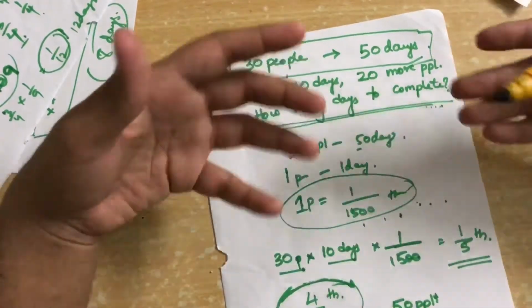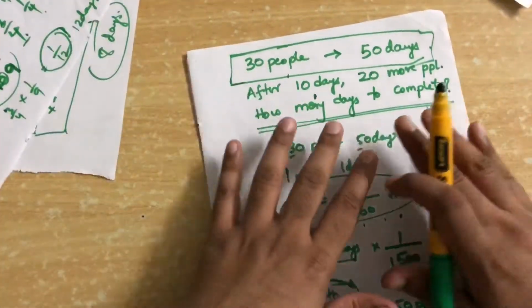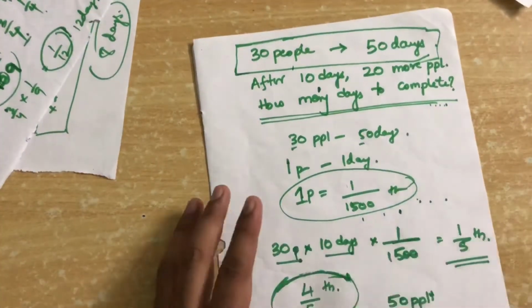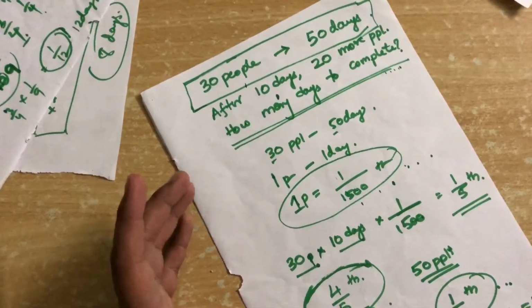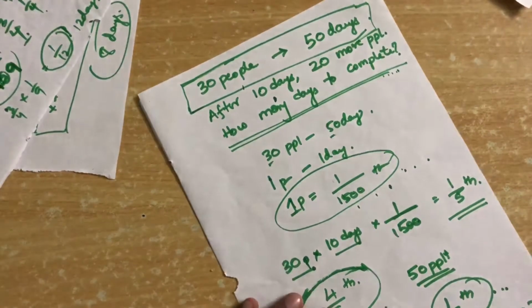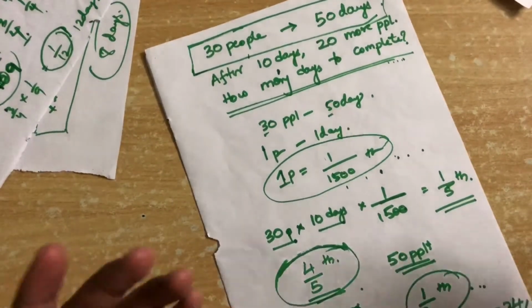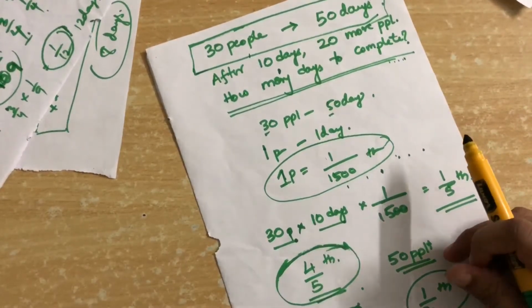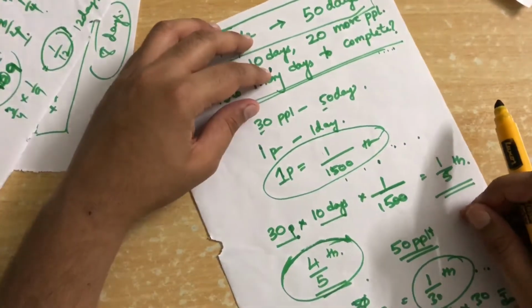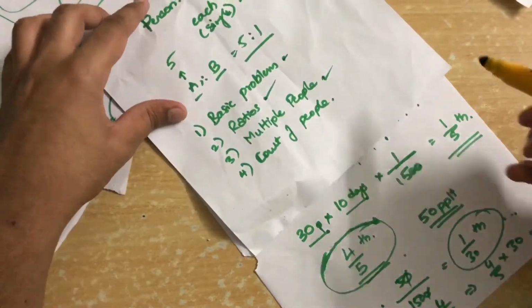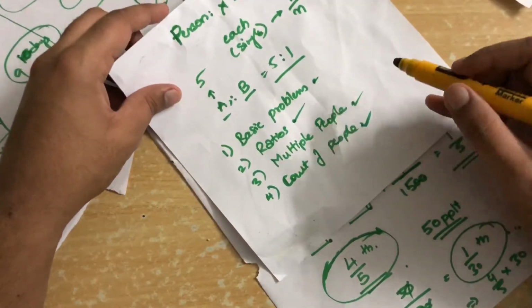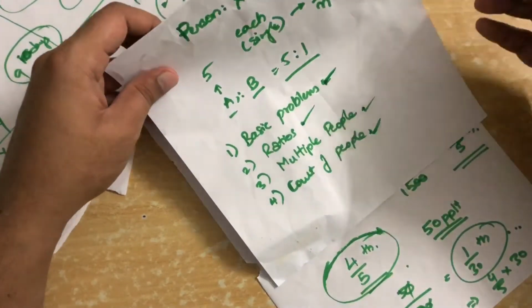And how many days to complete the remaining work now? So this question, you can twist it and tweak it and probably add another 10 people after 10 more days, right? You could tweak and twist it like that however you want. So this is the problem where we have count of multiple people.